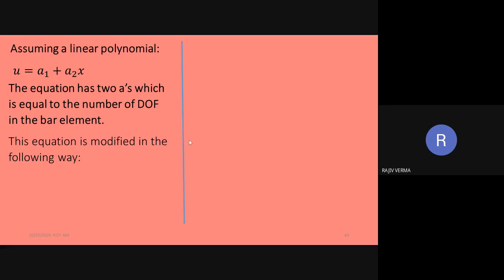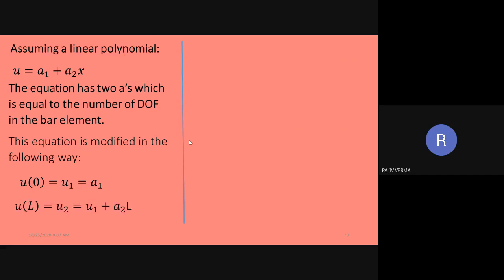This expression is going to be slightly modified in a way which we have already discussed in the previous classes, but for the sake of completeness, those steps are repeated here. We evaluate the value of u at the location of node number 1, which is x equal to 0, giving us u1 is equal to a1, which is one constraint equation, where u1 is the deformation at node number 1.